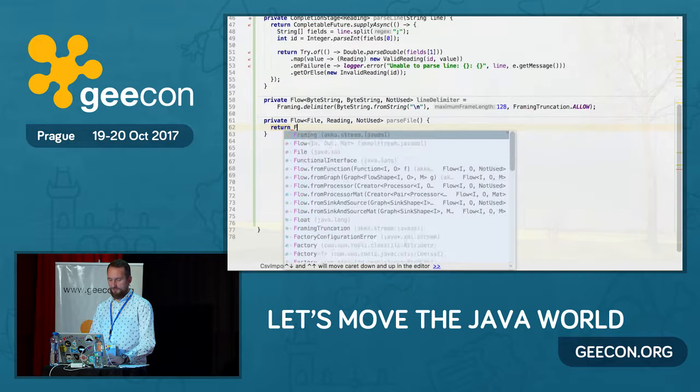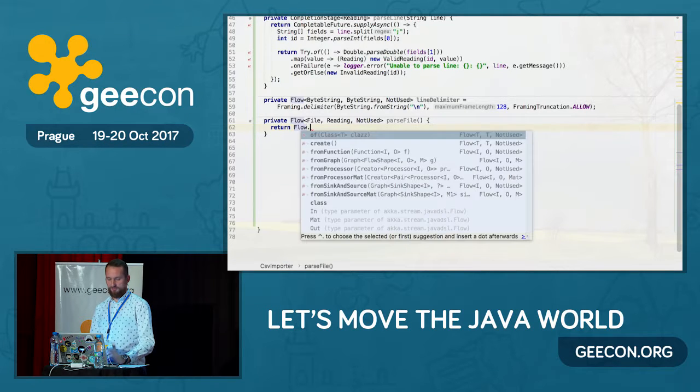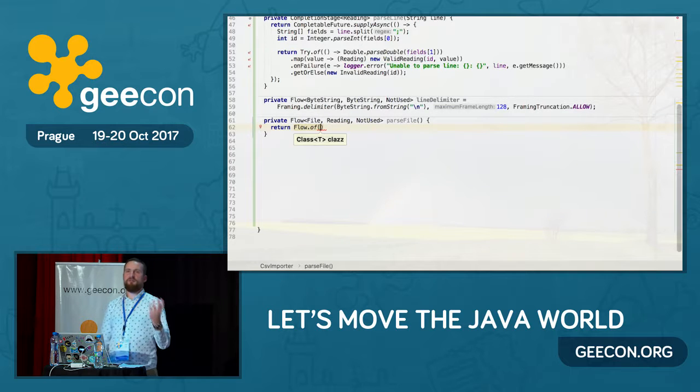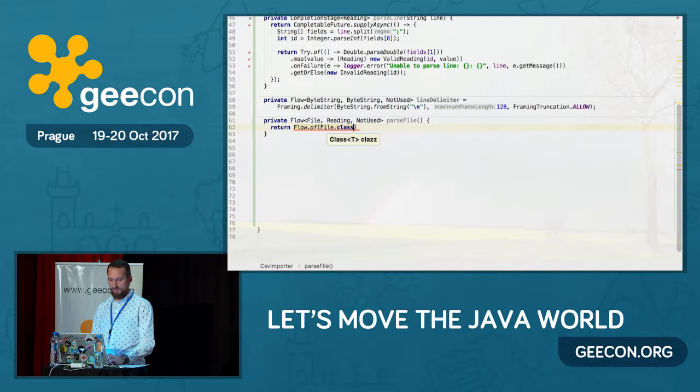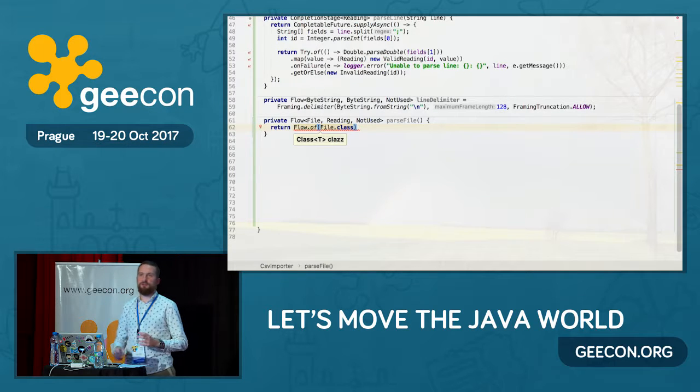Now, when constructing flows, we can use the static method in the Flow class called of, where we provide the type. We once again provide the type of the input element, so that the compiler is happy afterwards. In our case, we're going to build a flow of files. Now, for every file that arrives to our graph, we're going to create a source in terms of an Akka Streams graph, so something that is emitting elements.